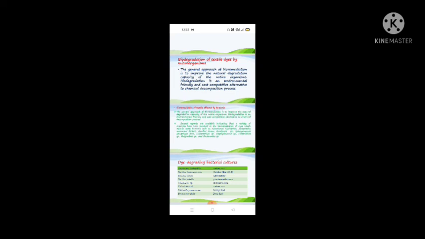These include bacteria such as Aeromonas hydrophila, Xenophilus, Bacillus strains, Sphingomonas, Eubacterium, Staphylococcus, Clostridium, Butyrovibrio and Bacteroides, and many other species of microorganisms involved in the biodegradation of textile effluent. And this is the list of degrading bacterial cultures which have the ability to degrade these dyes.